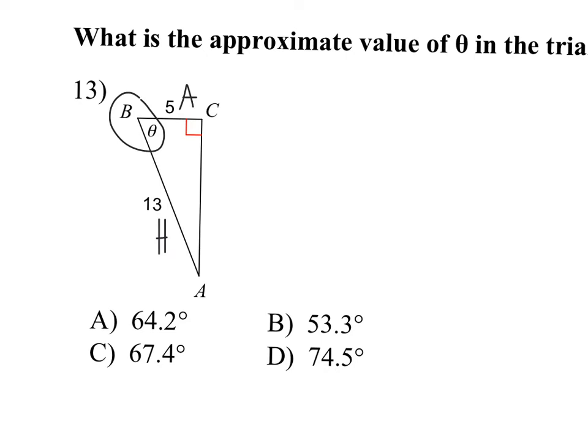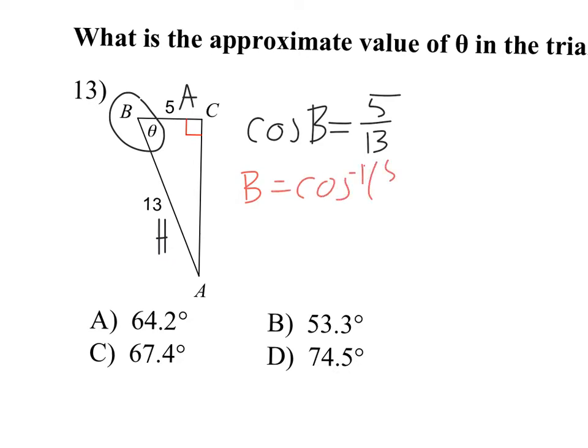So we're dealing with cosine of angle B is equal to 5 over 13. And to get that angle, I need to use arc cosine or cosine inverse. Cosine inverse of 5/13, and when we do that, we get about 67.4 degrees, which is answer choice C.